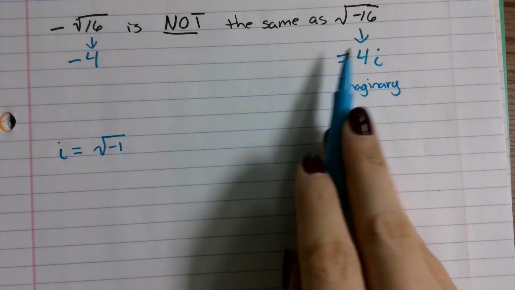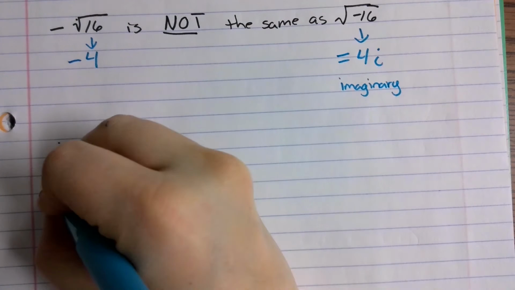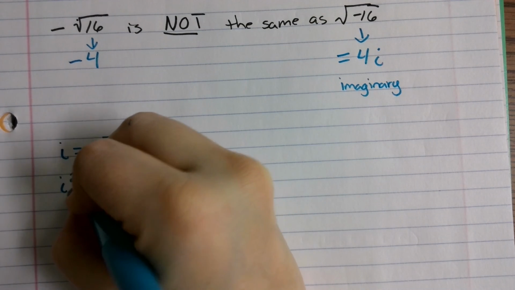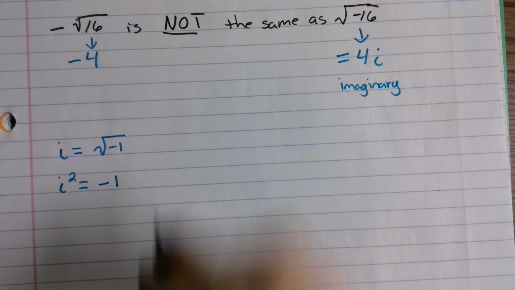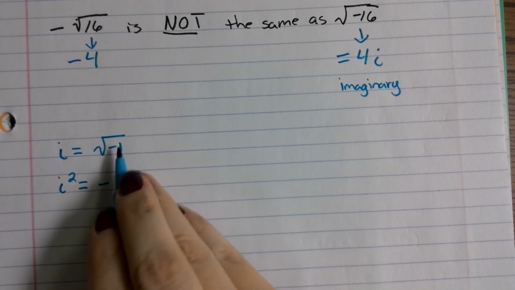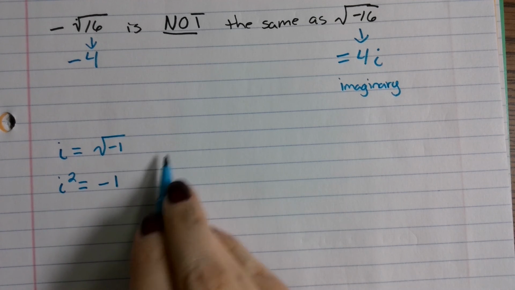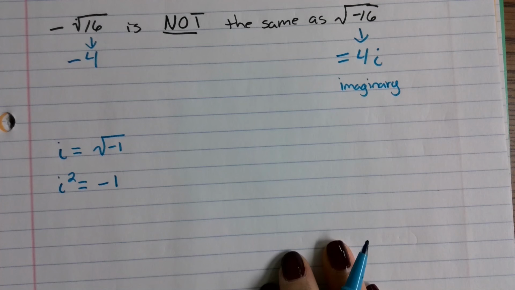So it's 4i. Then you've got what's called i squared, which is considered to be just negative 1, because if you do the square root of negative 1 times the square root of negative 1, you just get negative 1.